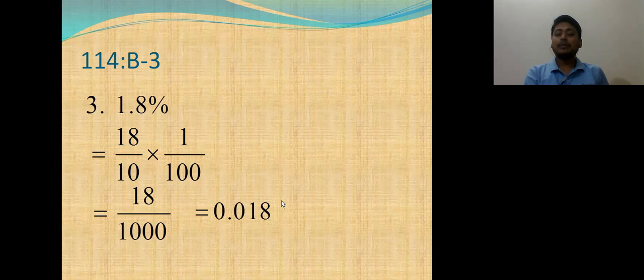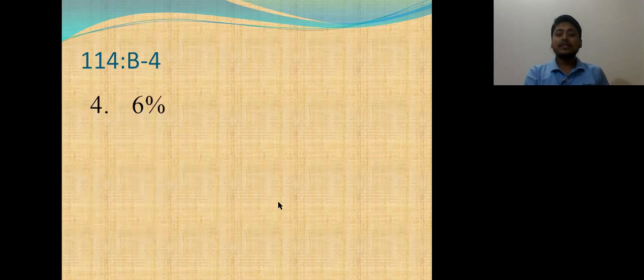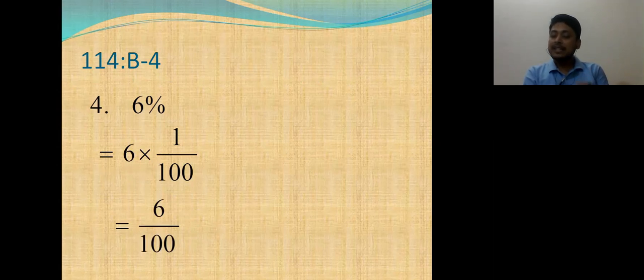No problem will happen. Now the next math, 6%, will have to be converted into a decimal number, that means remove the percentage sign. If you remove the percentage sign, then 100 will come. So now 6 by 100. I just did it in detail.